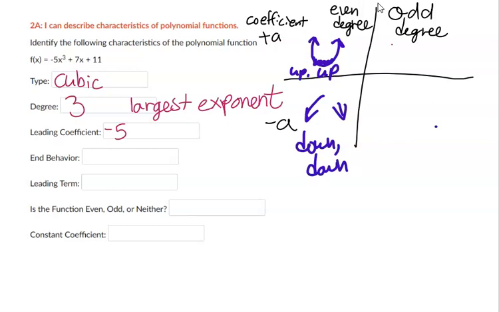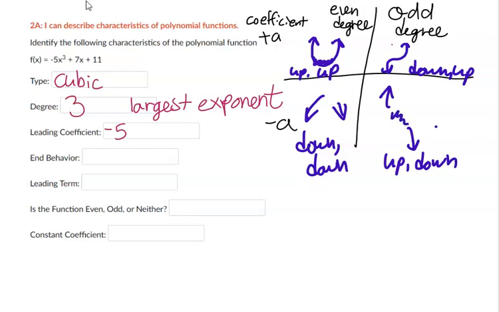For odd degree positive coefficient, it's going to be going down, up. And then for an odd degree with a negative coefficient, it's going to be going up and then down. And again, it doesn't really matter what happens too much in between. These are the 4 cases of end behavior for polynomials.